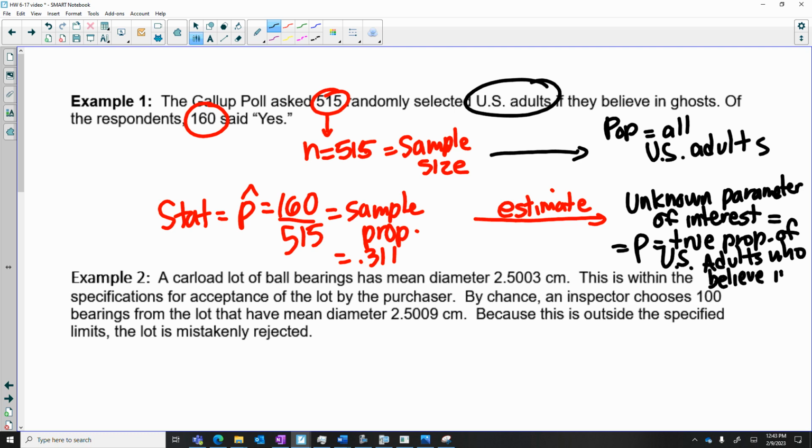Okay? So the number that we got, 160 out of 515, is called a statistic because it describes the sample. And our hope is that we use it to estimate the true parameter, which is called p. And it is unknown because are we really going to poll everyone in the country and ask them if they believe in ghosts, right? All right, let's go on to number two.